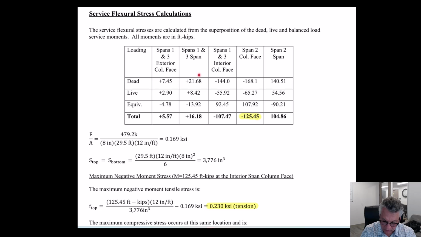Within the spans, you've got positive moments, dead and live, negative equivalent loads. Post-tensioning is pushing back up on all this. So we have a net moment there. Same thing, but notice that this is the largest one. 125.45, span 2, column face.